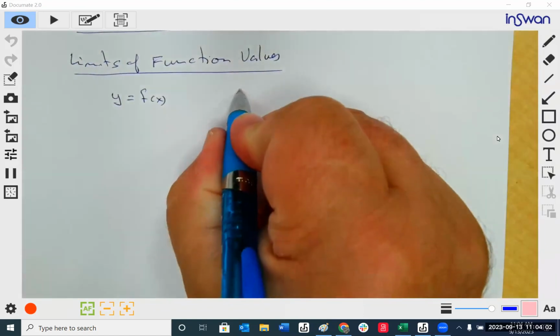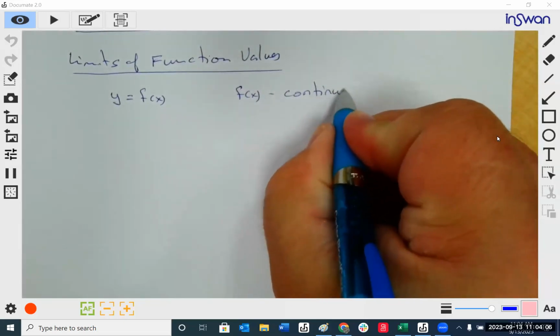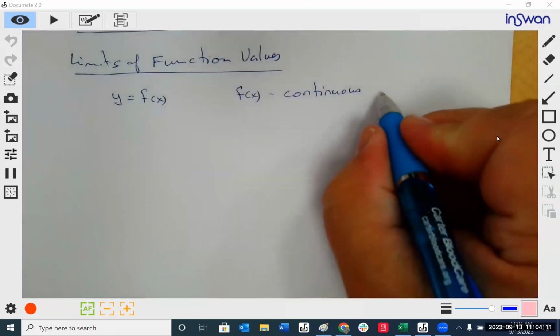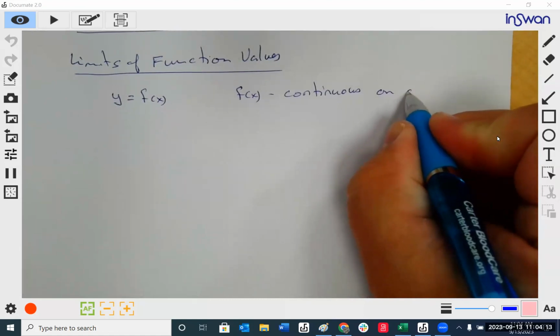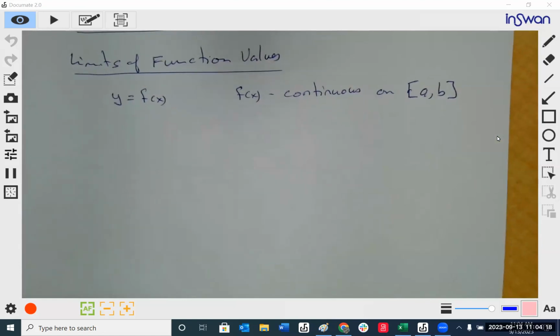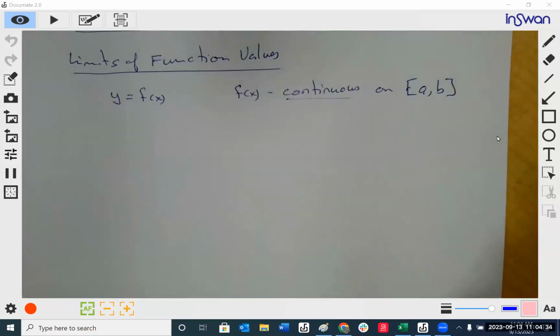The function has to be continuous on an interval. Because, as I said, in order for us to be able to talk about this stuff, we have to know that each point of the function is defined. And that's what continuity is all about. And again, we're going to define continuity later on.